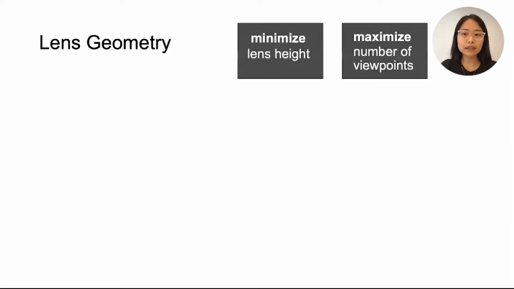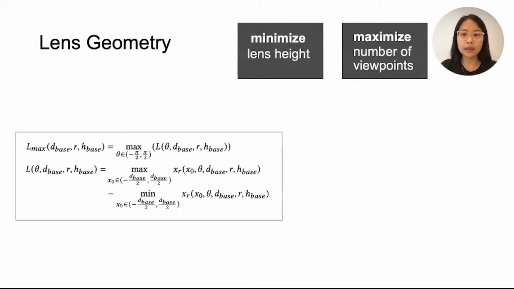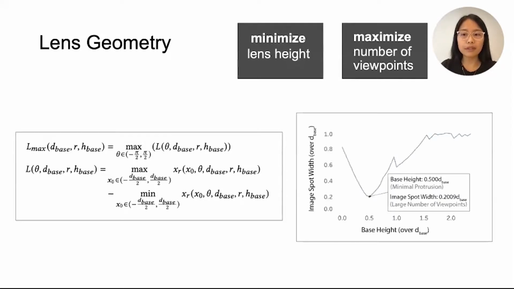To find a good balance between the 2 factors, we've calculated how different lens parameters affect the size of the largest image spot, which is inversely related to the number of viewpoints. We then plotted the relation between the image spot size and the lens's base height. And we then selected the point marked in the plot, which gives us both small lens height and a large number of viewpoints.